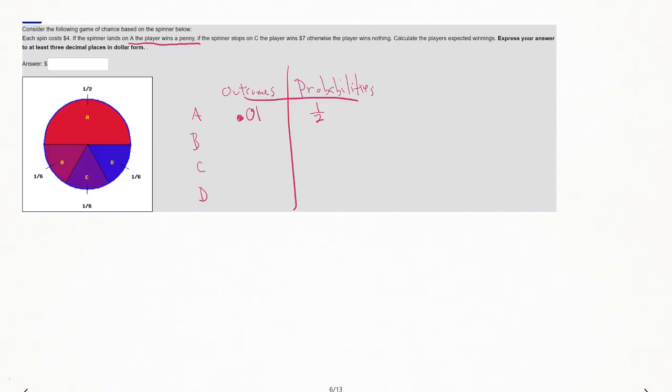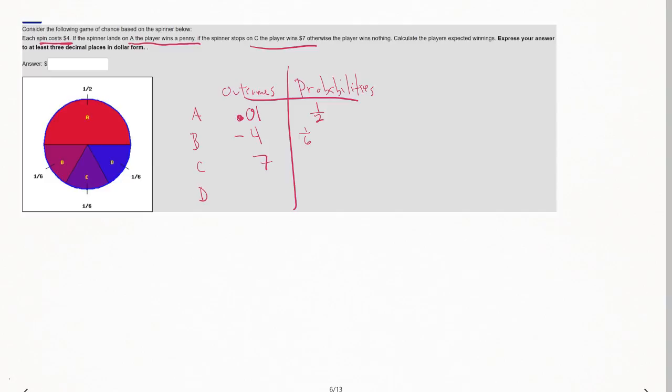What's the outcome associated with B? Well, if you notice, it says otherwise the player wins nothing. So that has to be, we spend $4 to play this game, so this would be -4. And the probability of landing on B would be 1/6. Okay. Same thing with C. The player wins $7, so we'll have $7 there.